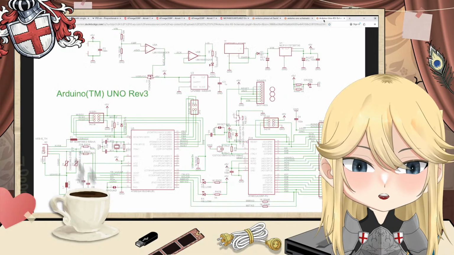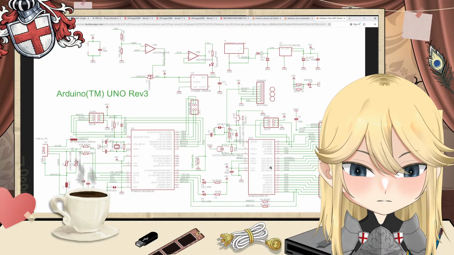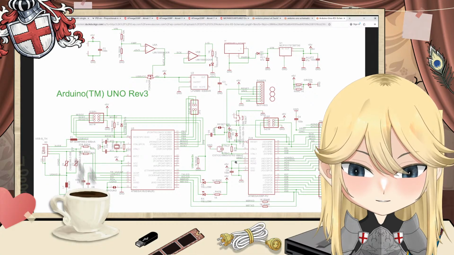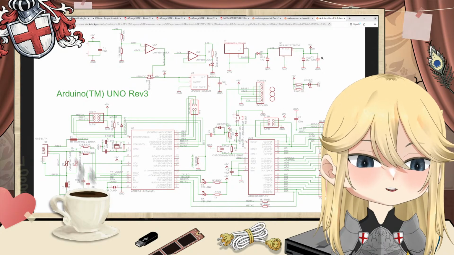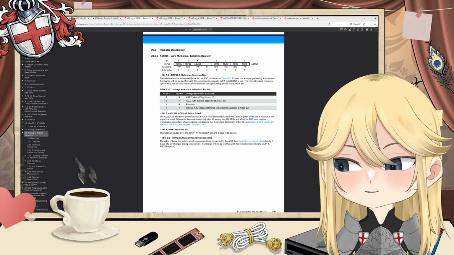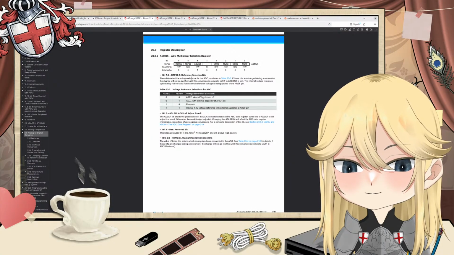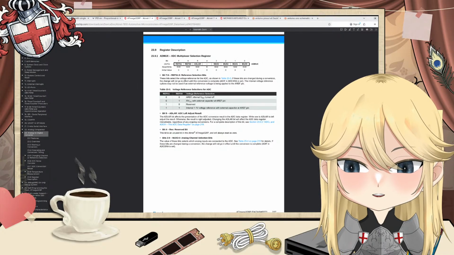Open image in new tab. Okay, AVCC. It's just connected to 5 volts. Based. Okay, so we can use 5 volts as our reference.